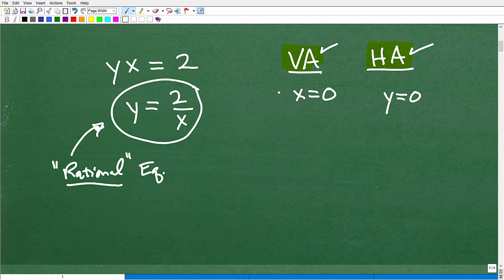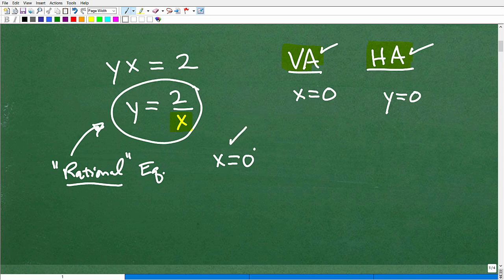How do we find the vertical asymptote of a rational equation? Well, we take the denominator and find the zeros of it. This could be a more sophisticated expression like x plus 2 or whatever the case is, but we set that equal to 0. We want to figure out when the denominator is equal to 0. When is x equal to 0? Well, that's pretty easy, when x is in fact equal to 0.